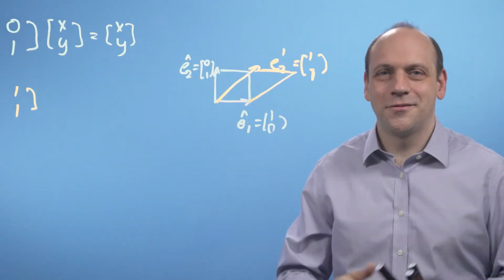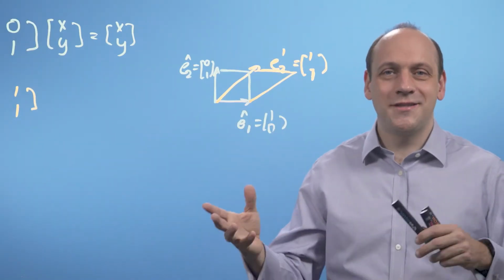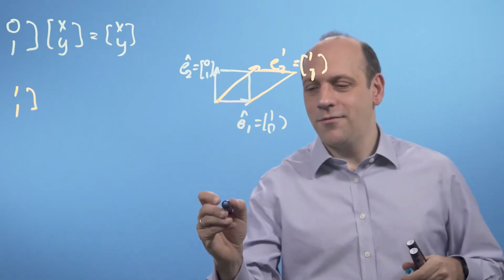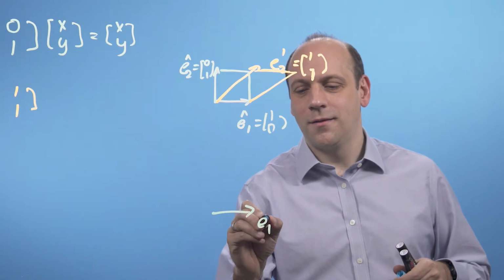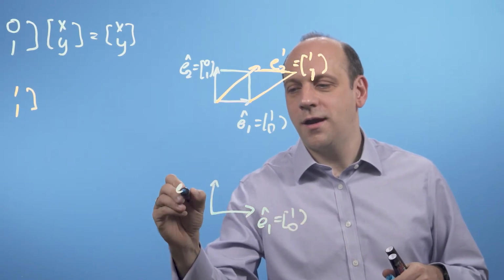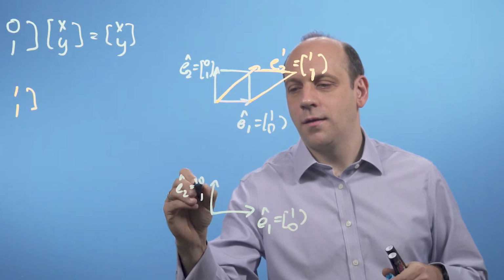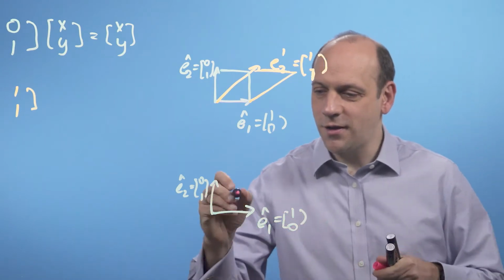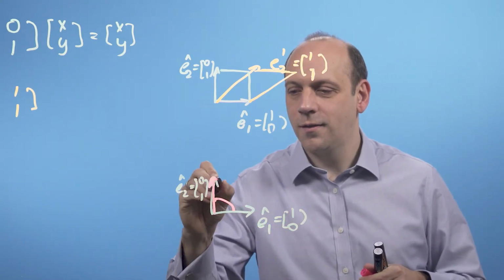Now, the last sort of shape change I can do after stretches, inversion, mirrors, and shears is a rotation. If I take E1 hat again, and E2 hat, if I rotate them round, well, E1 hat's going to go round here.